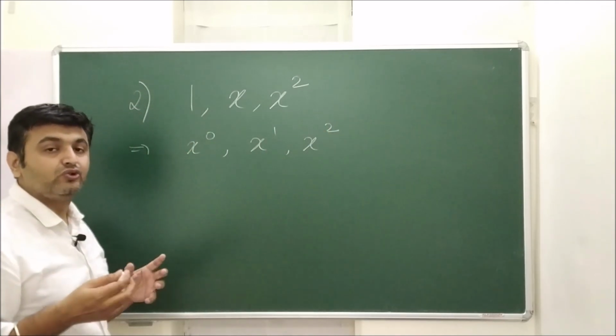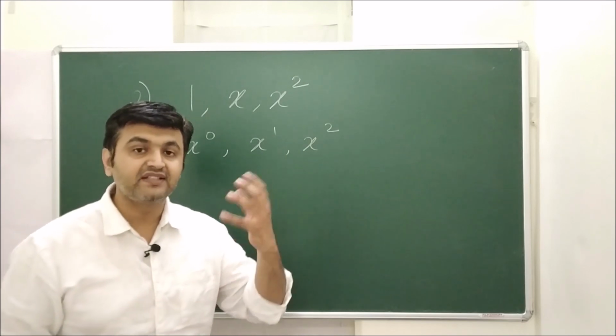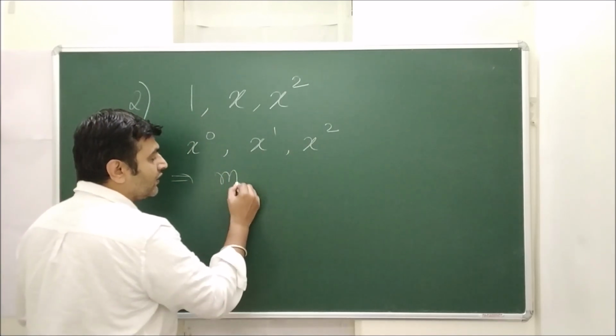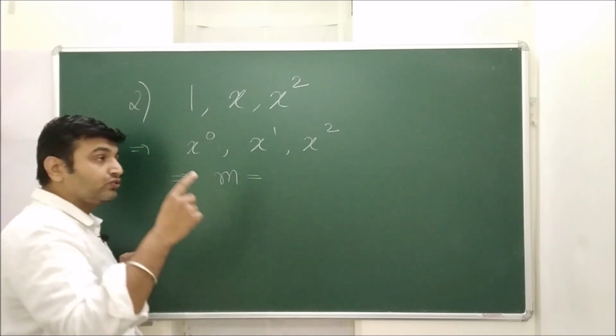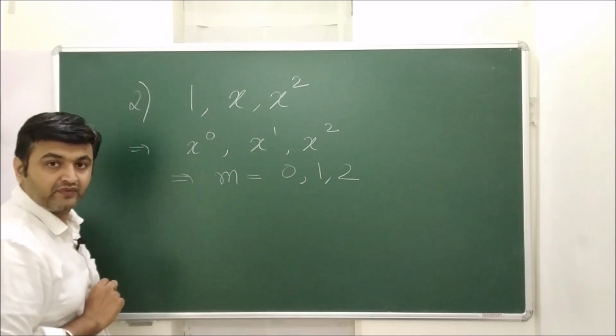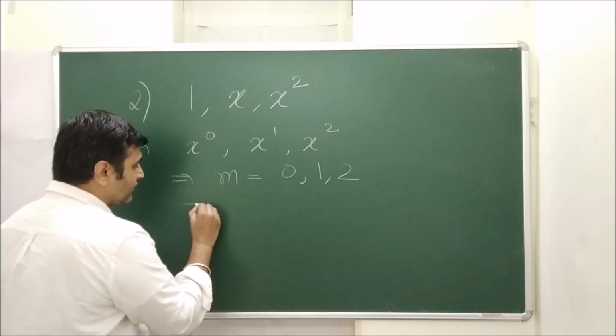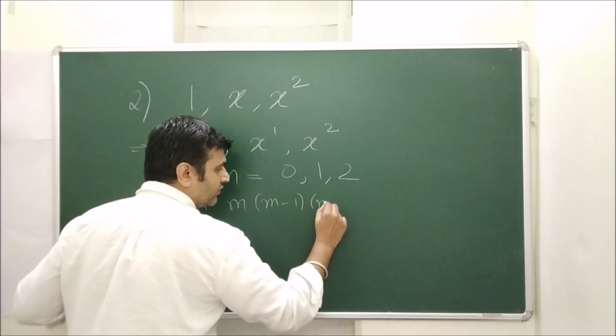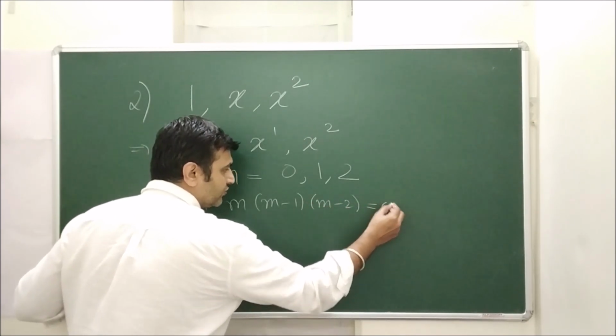And we know that the solution for Euler Cauchy is of the form x raised to m. So from here you can see the roots of the auxiliary equation for the Euler Cauchy differential equation are 0, 1 and 2. Right? And once these are the roots, we have m into m minus 1 into m minus 2 equal to 0.